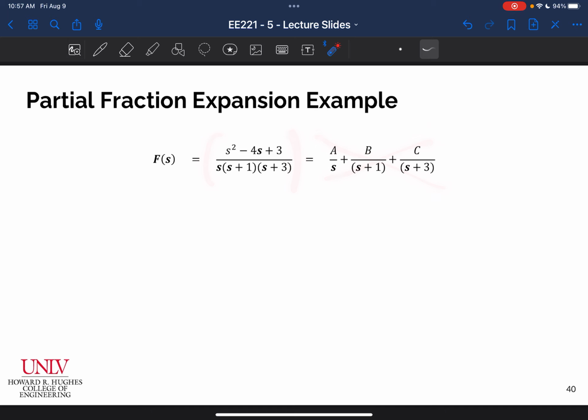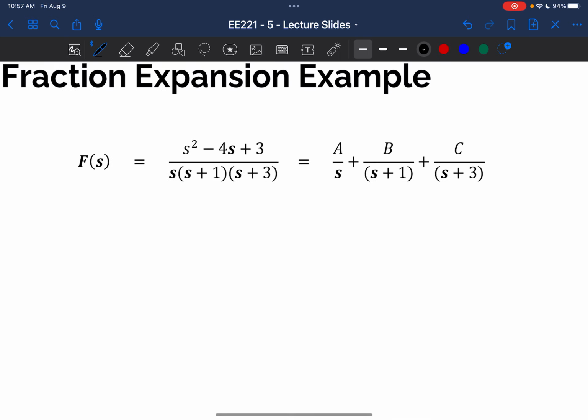Okay, and so how we do that is we use something called partial fraction expansion. Partial fraction expansion basically says that I have these three terms in my denominator: s, s plus 1, and s plus 3. I can represent this entire function as a sum of what are called partial fractions, where each fraction has a denominator which is one of these three terms.